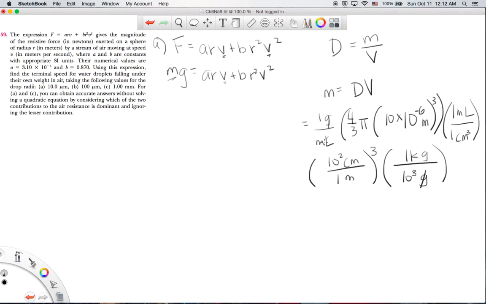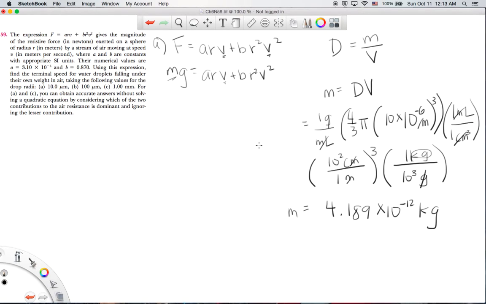Milliliters cancel, centimeters cubed cancel, meters cubed cancel, and we're left with kilograms. The mass is going to be 4.189 times 10 to the negative 12 kilograms.